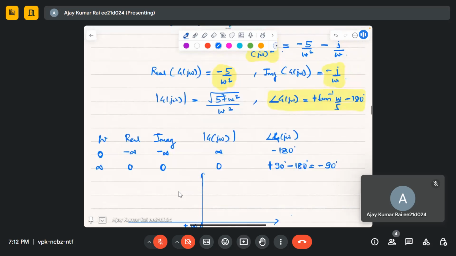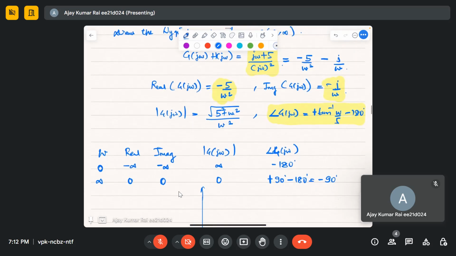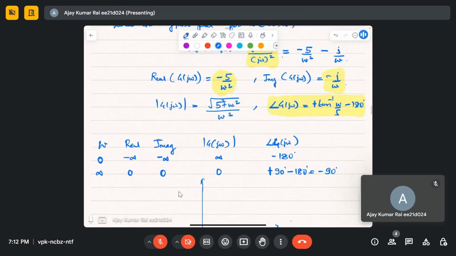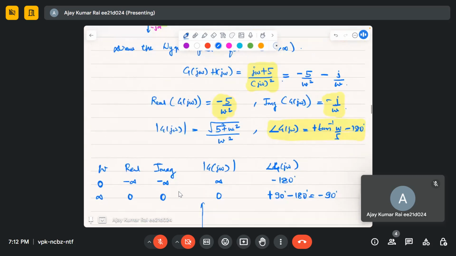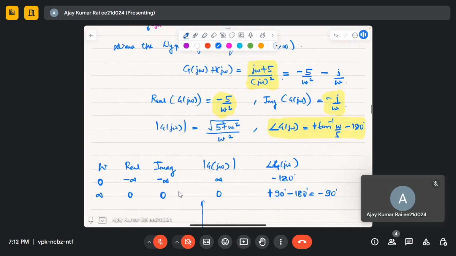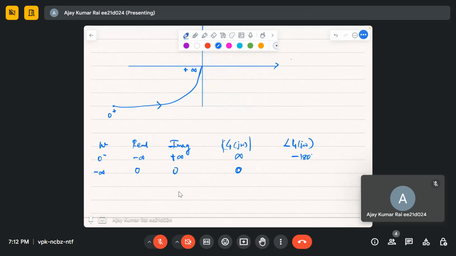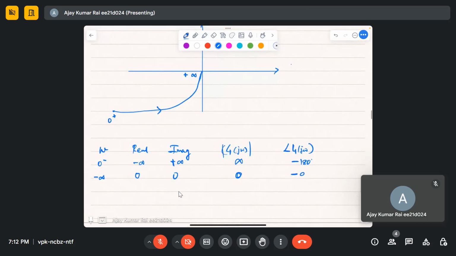Okay, so if you see the angle, let me again do the imaginary part, so minus infinity. If you put minus infinity here, some positive value you will get. So this is also minus, same 90 degree.